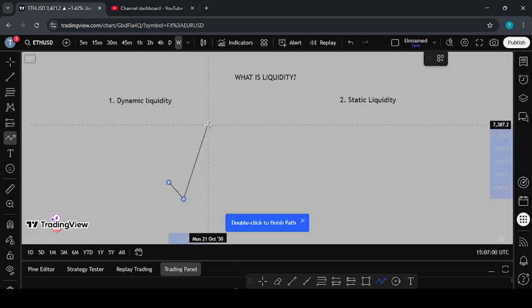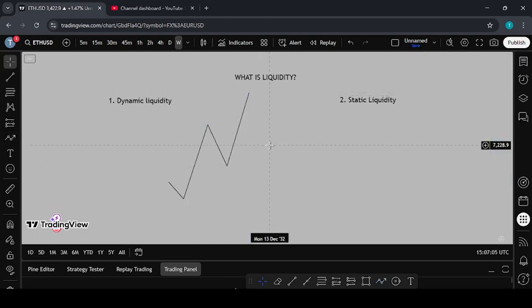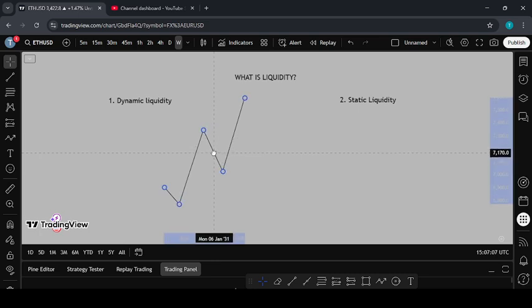Swing lows to swing high, from another swing low to a swing high. Now, under dynamic liquidity, it is that liquidity that determines market direction and market movement. It is dynamic liquidity that is created as the market moves. It is dynamic, it is not static, it is moving, as the market moves.